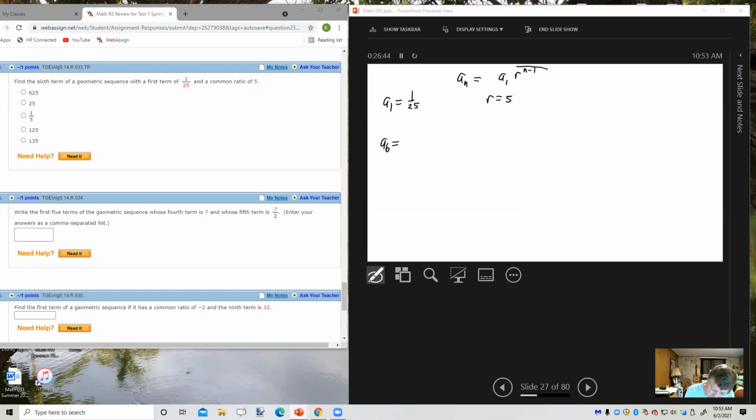Well, using this formula, a sub 6 equals a sub 1, which is 1/25, times r, which is 5, to the 6 minus 1 power.